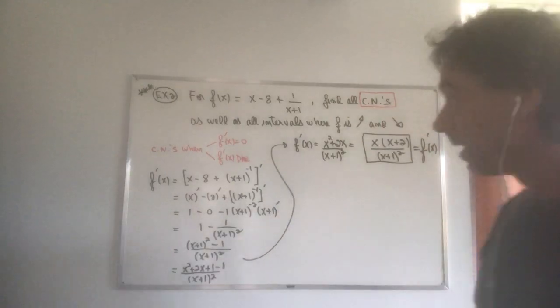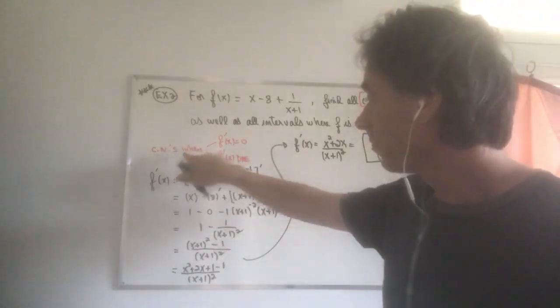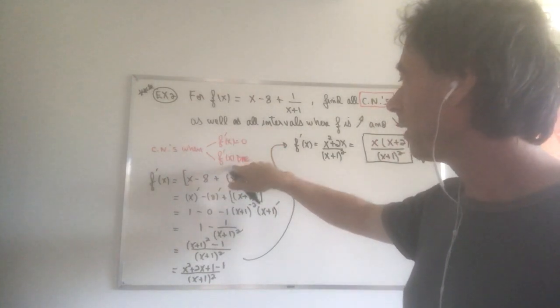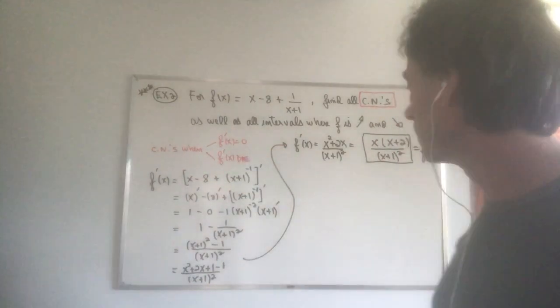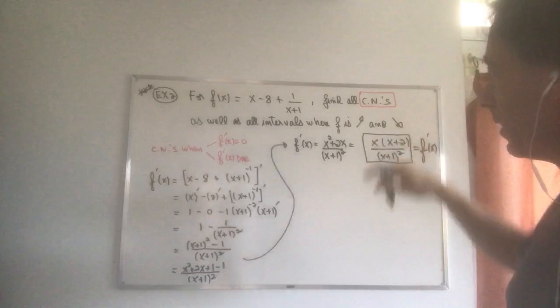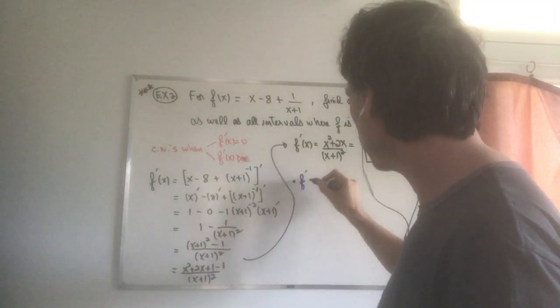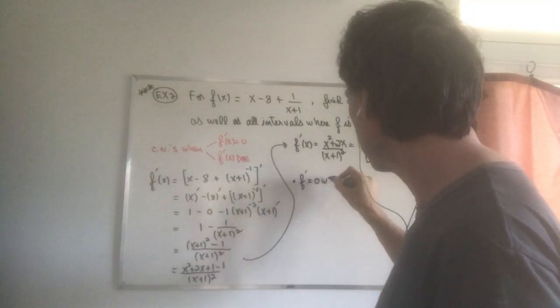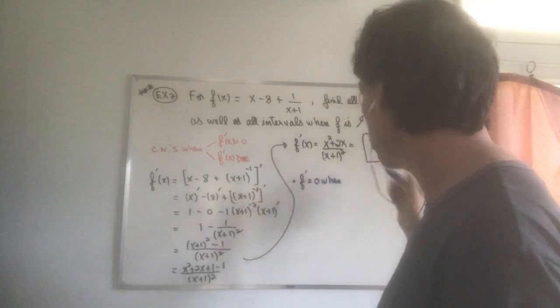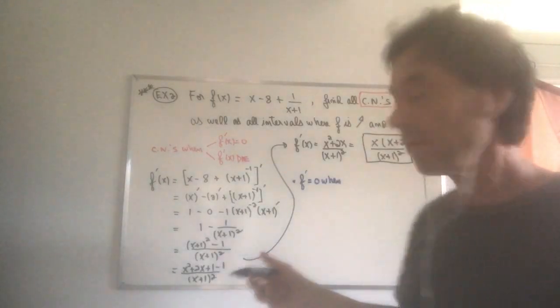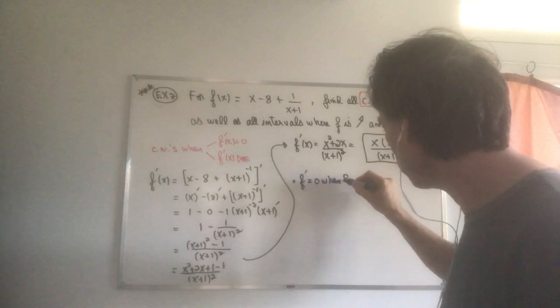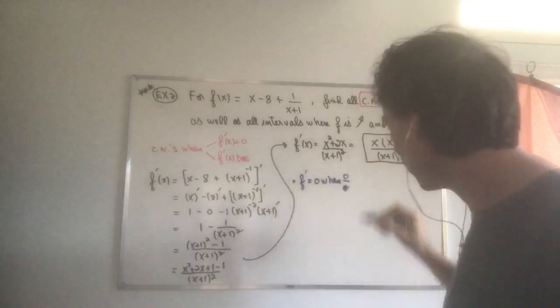Okay, so critical numbers happen when f prime is 0 or f prime does not exist. When in a fraction is f prime 0? When I have 0 divided by a number, right?